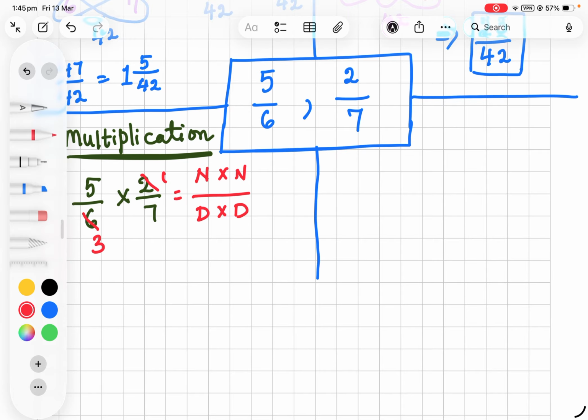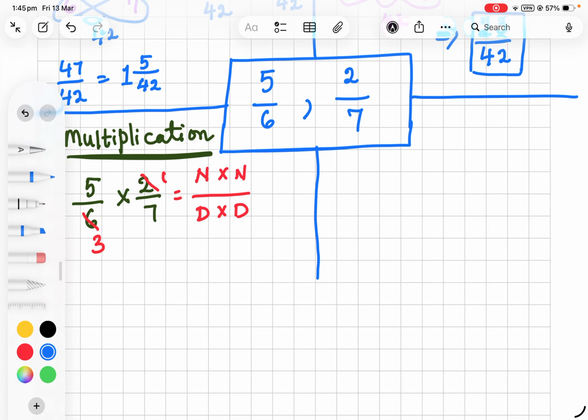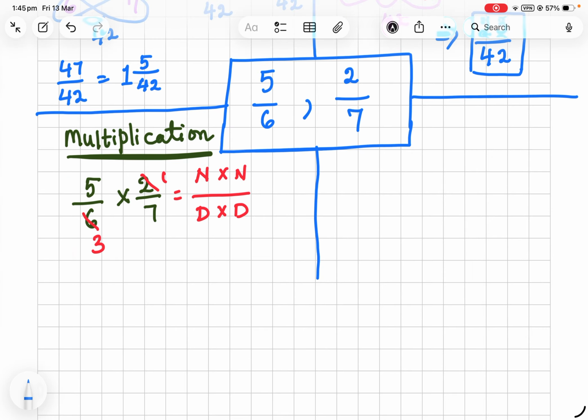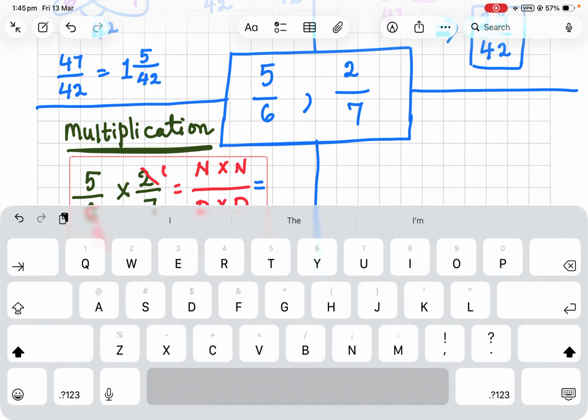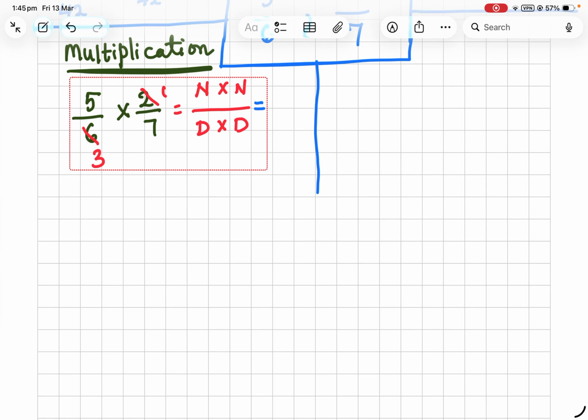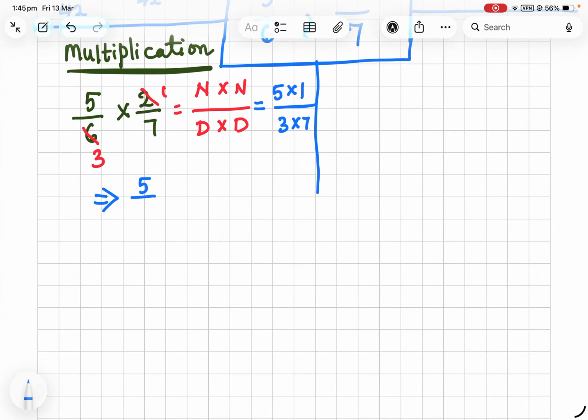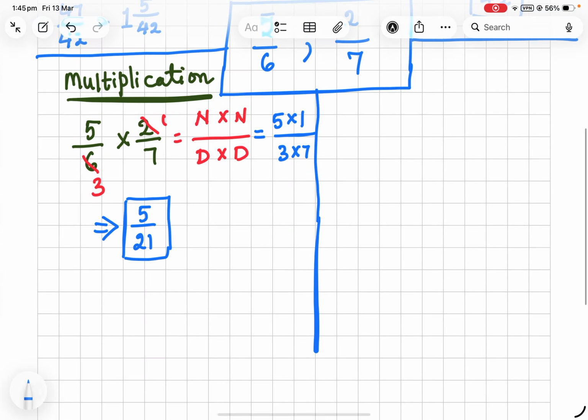So in your case, it is 5 times 1 and 3 times 7, which ends up being 5 over 21. This cannot be simplified further, so you have to leave it like that.